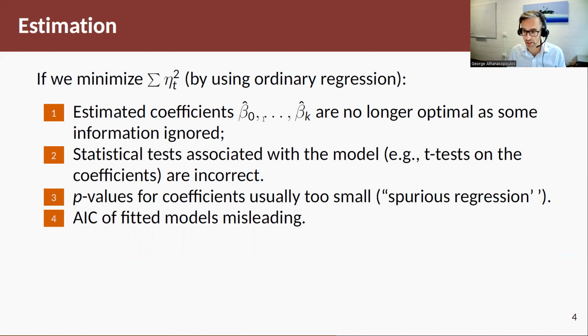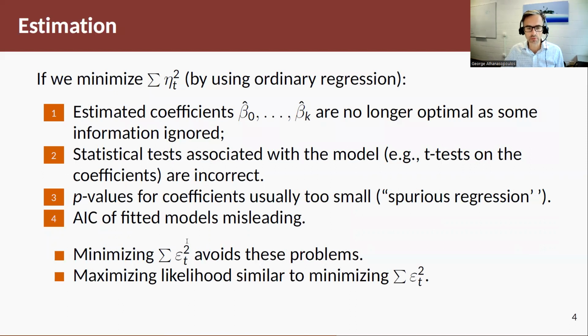They're consistent estimators, but they're not efficient because some information is ignored. And anything to do with statistical inference, p-values, or model selection is actually wrong. There is one more complication: if any of this eta t is non-stationary, then your estimators are not consistent. They're completely wrong, unless you have co-integration and the like, which we don't get into in this book.